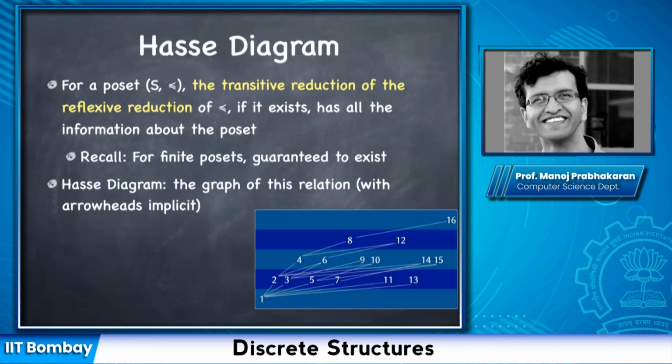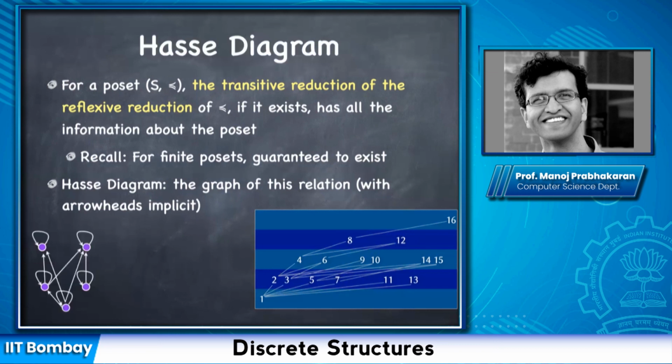Okay? And in fact, this is how we'll do it. We'll drop the arrowheads. Instead, we'll have edges pointing upwards. So the arrowheads are implicit in this diagram. This kind of diagram is called a Hasse diagram, and you'll see that used for posets often.